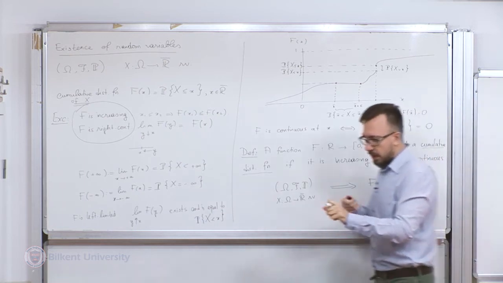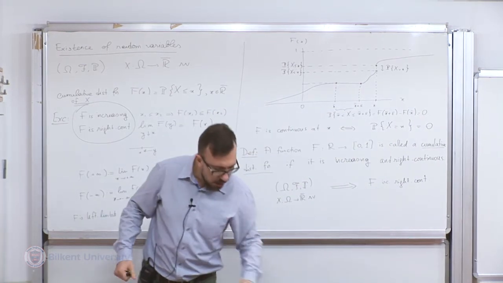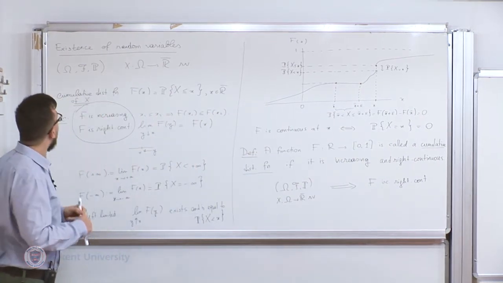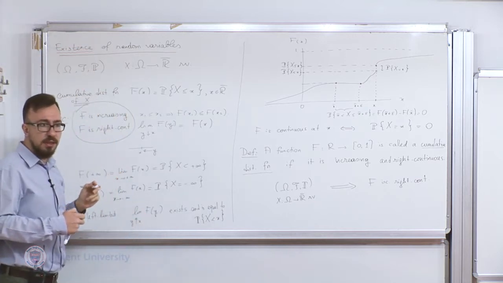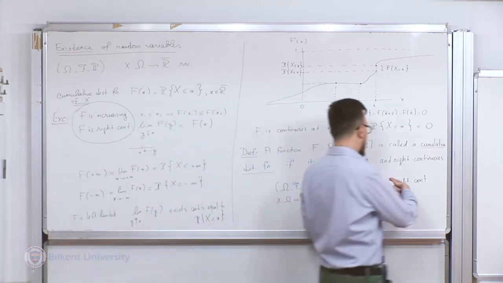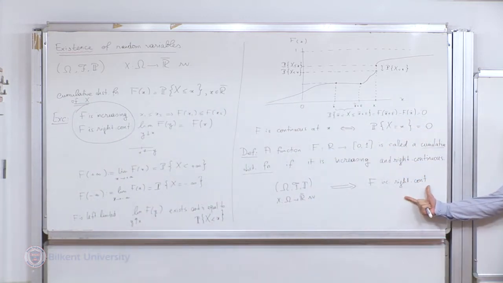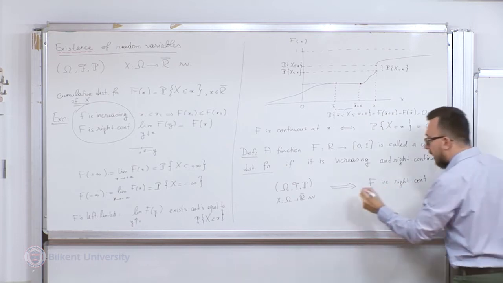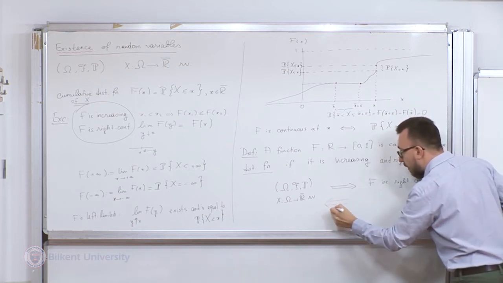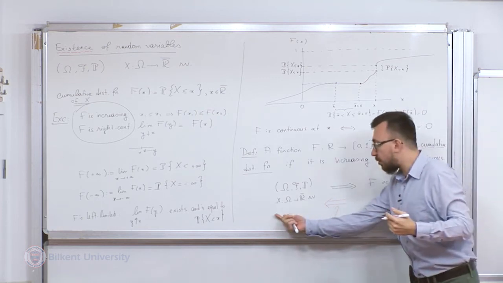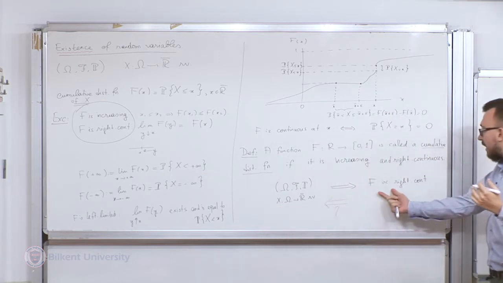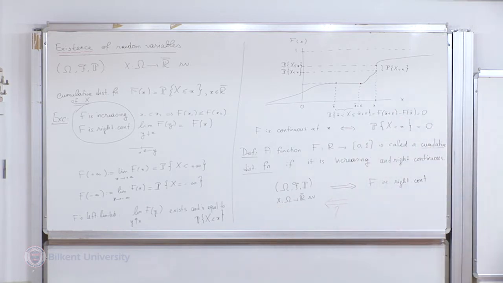So now the question about the existence of random variables is as follows. Given a cumulative distribution function, does there exist a probability space and a random variable such that the cumulative distribution function of that random variable is the given cumulative distribution function? So this is our question.